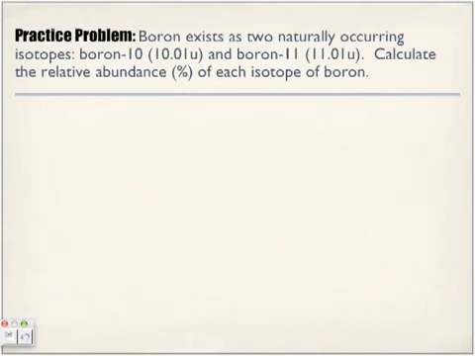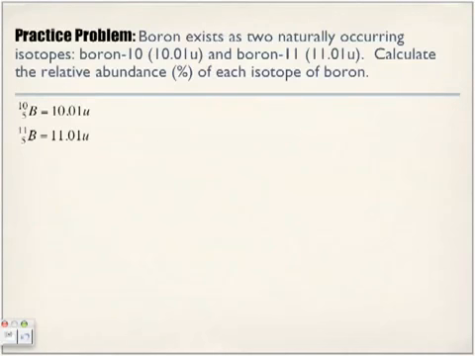Practice problem. Boron exists as two naturally occurring isotopes. Boron 10, which is 10.01, and boron 11, which is 11.01. Calculate the relative abundance of each isotope of boron. Let me give you a hint as to what we have. First, boron 10, boron 11.